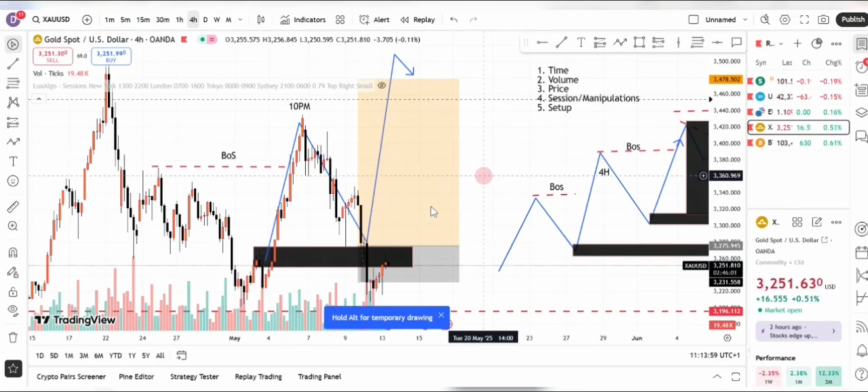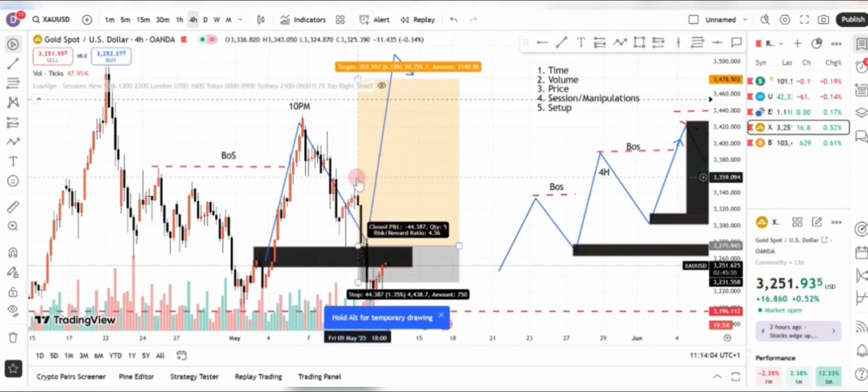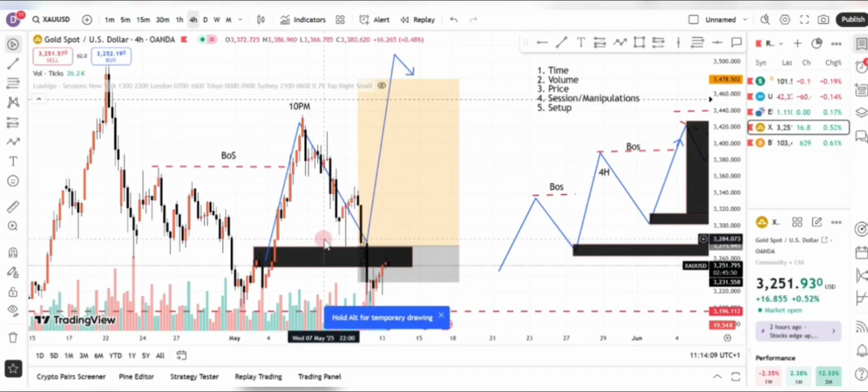You notice that there's a lot of spread, there's a lot of manipulation. Most of the time it's even difficult to predict price. Even if your setup is meant to play out, it will fail. So why are you looking for a setup at that time on those kinds of pairs?